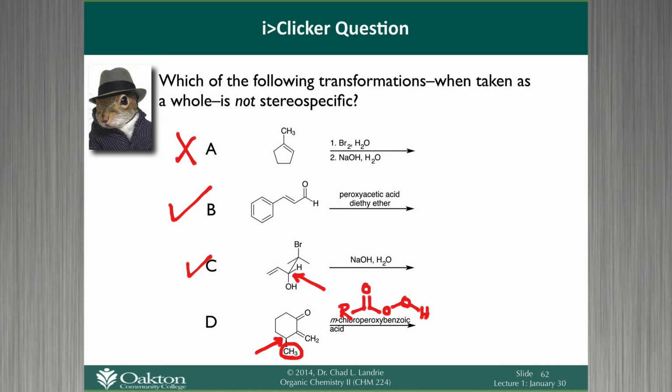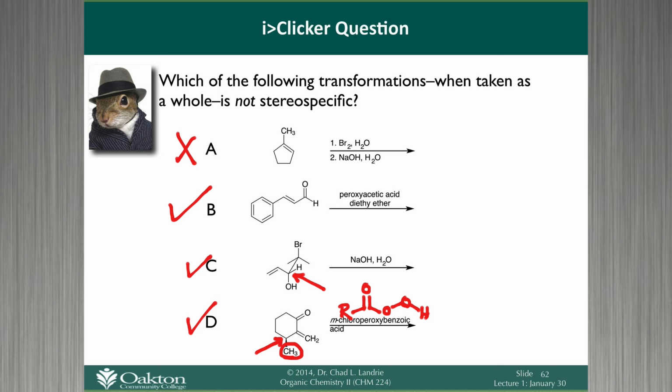So since this methyl group has an influence, and since that's a chirality center, this reaction also could be stereospecific. So if I start with the R methyl group, I get one isomer of my epoxide. If I start with the S methyl group, I get the opposite isomer for my epoxide.